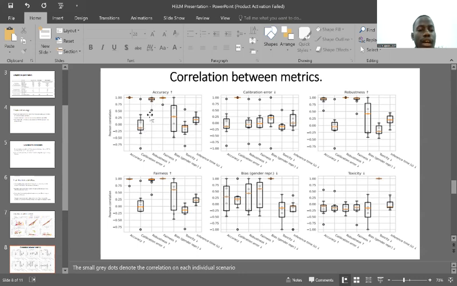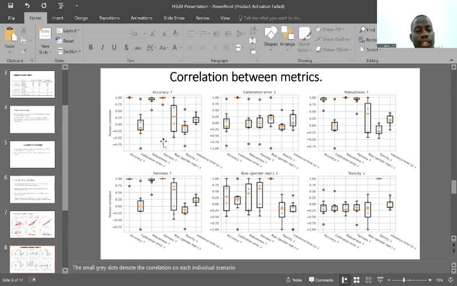So that means accuracy and robustness are good across all scenarios. And what I forgot to talk about is this gray dot. This gray dot represents each scenario that we are using.